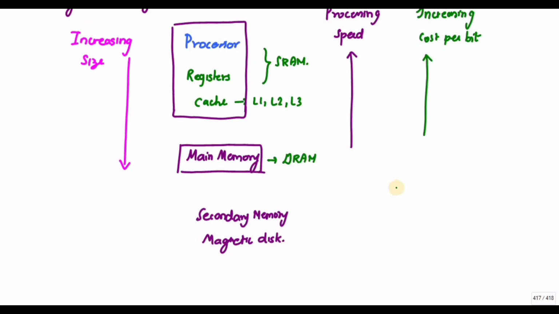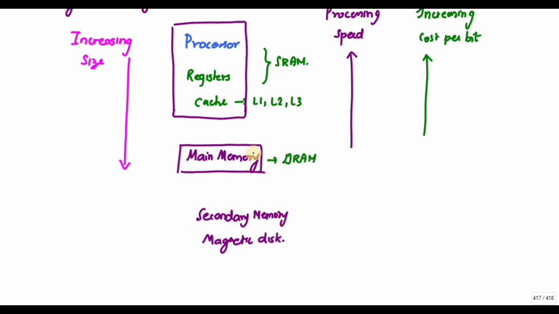This magnetic disk is available at a reasonable price, right? And it is mostly used in the computer system. Nowadays, we are using pen drives, right? But this is very slow compared to these types of semiconductor memories.